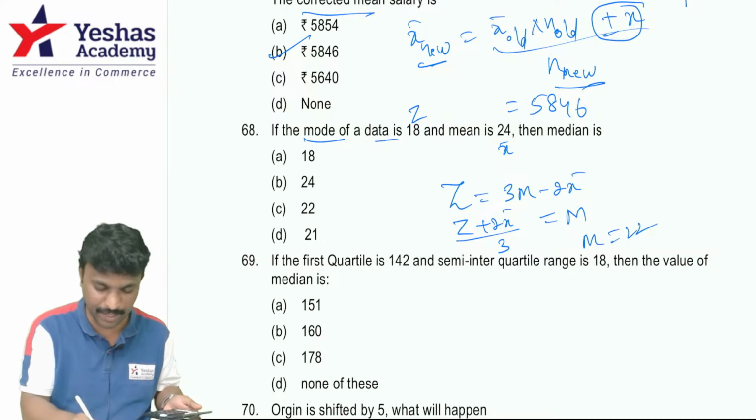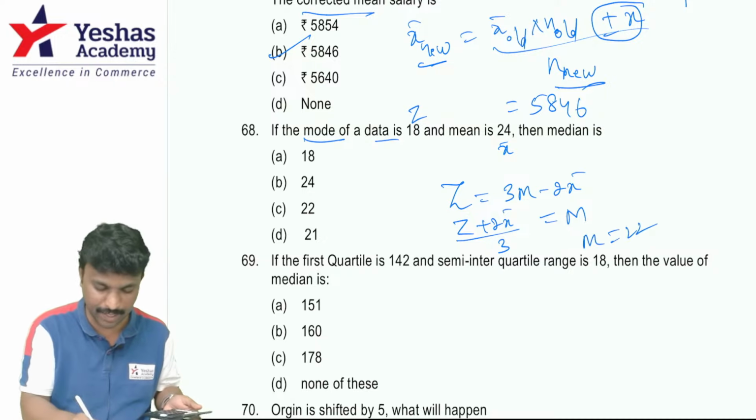Moving on to the next question. Question number 69. The first quartile is 142, which is Q1. Semi-interquartile range is Q3 minus Q1 by 2, that is quartile deviation. We are asked to find the median. What is median? Q3 plus Q1 divided by 2. So for that you need to find out what is Q3. First of all, QD is 18. 18 into 2 you do by cross multiplication, and Q1 is negative on the right hand side.